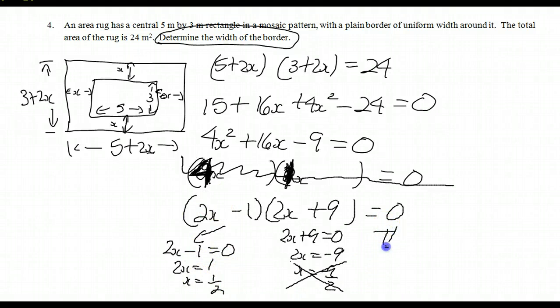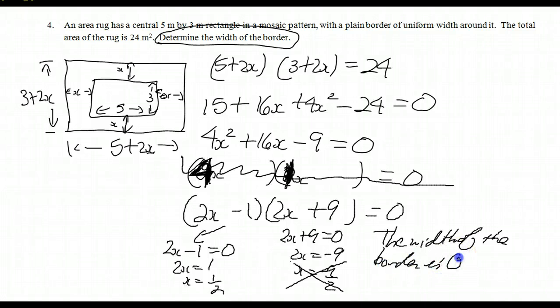And let's just state it here, the width of the border is, and I'm going to go decimal on here, 0.5 meters. Okay, let's check that. Let's go up here. What if this is 1/2 meter and 1/2 meter?